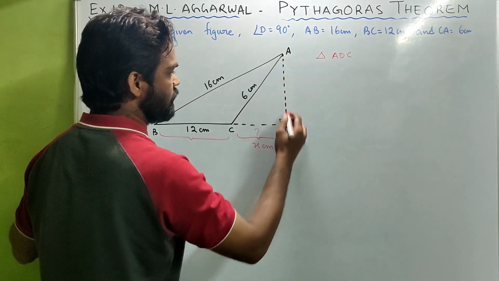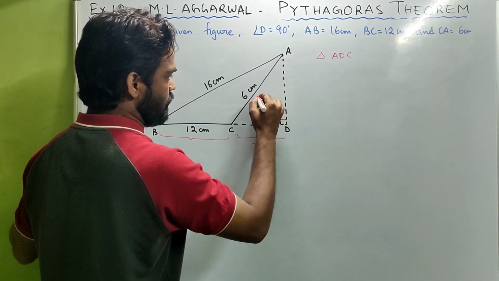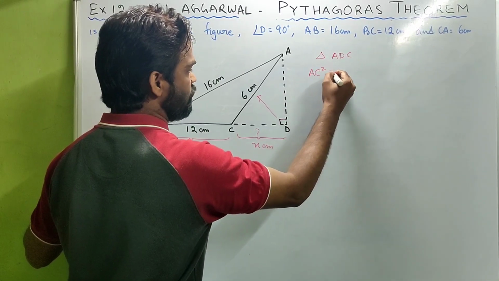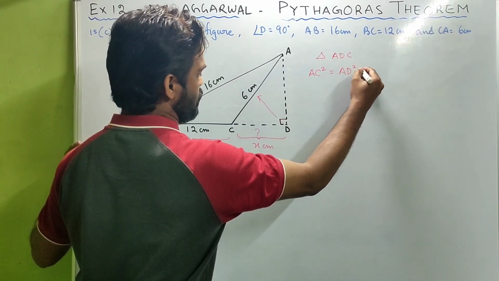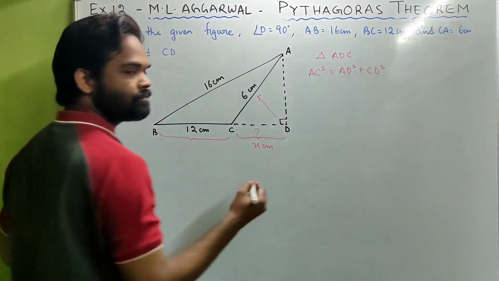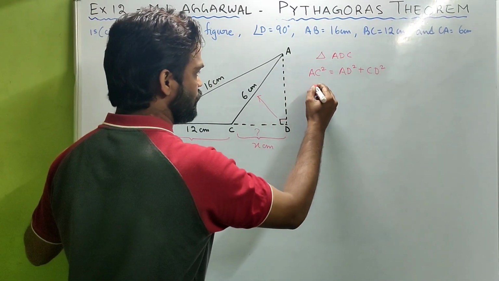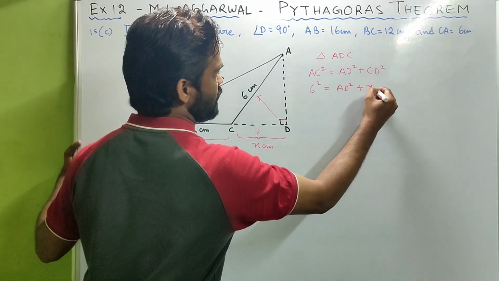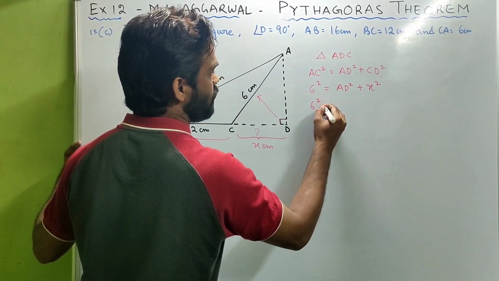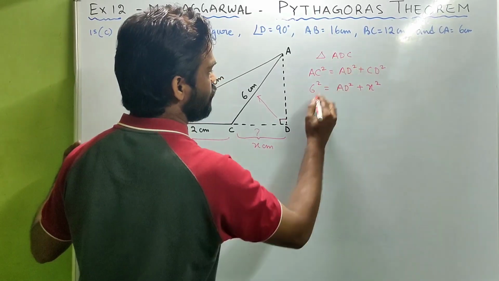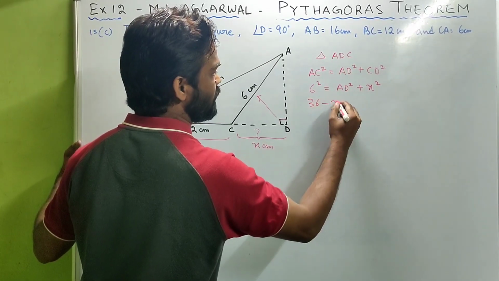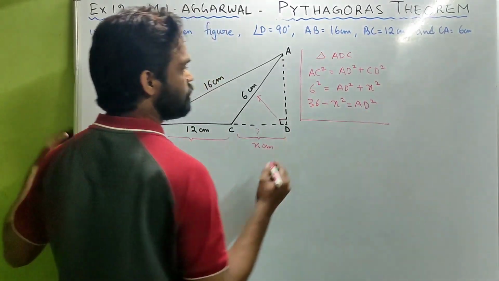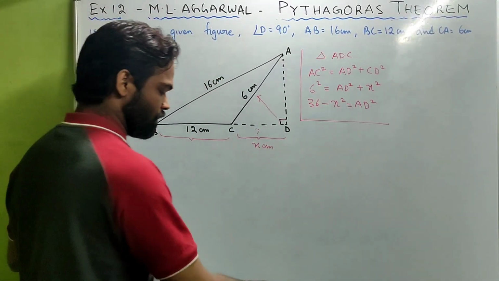Now in triangle ADC, AC is your hypotenuse, which means AC square will be equal to AD square plus CD square, which means 6 square equals AD square plus X square. So 6 square is 36, of course. 36 minus X square is equal to AD square. Done. We got the value of AD square.